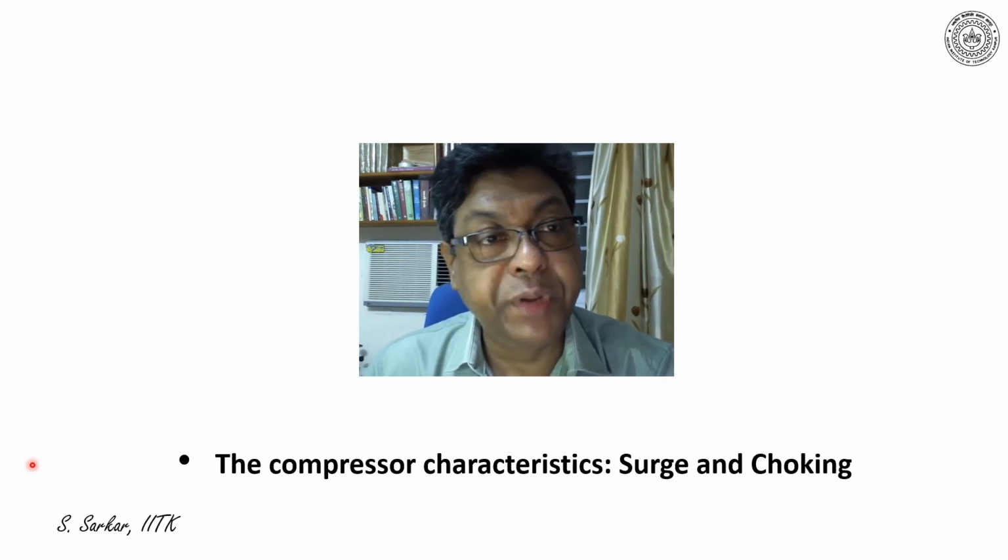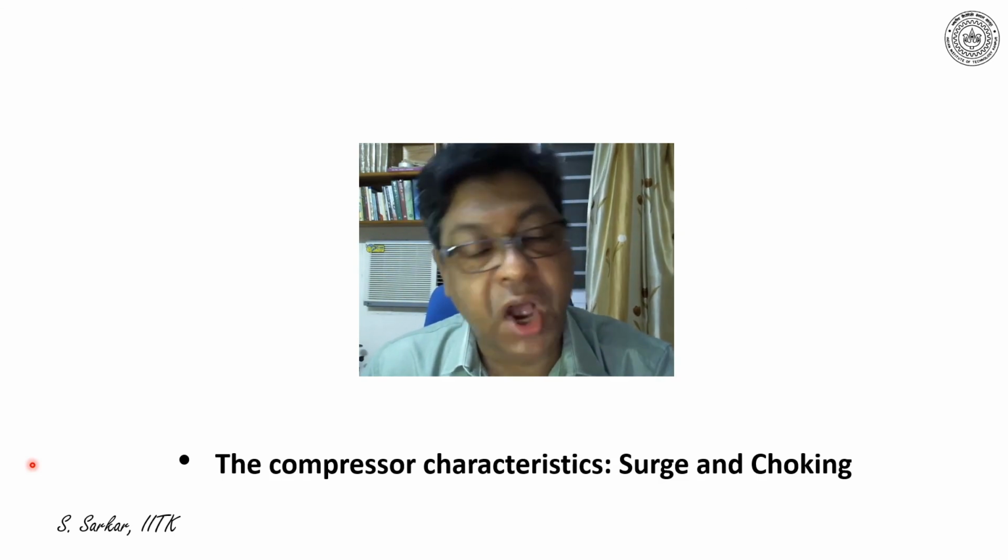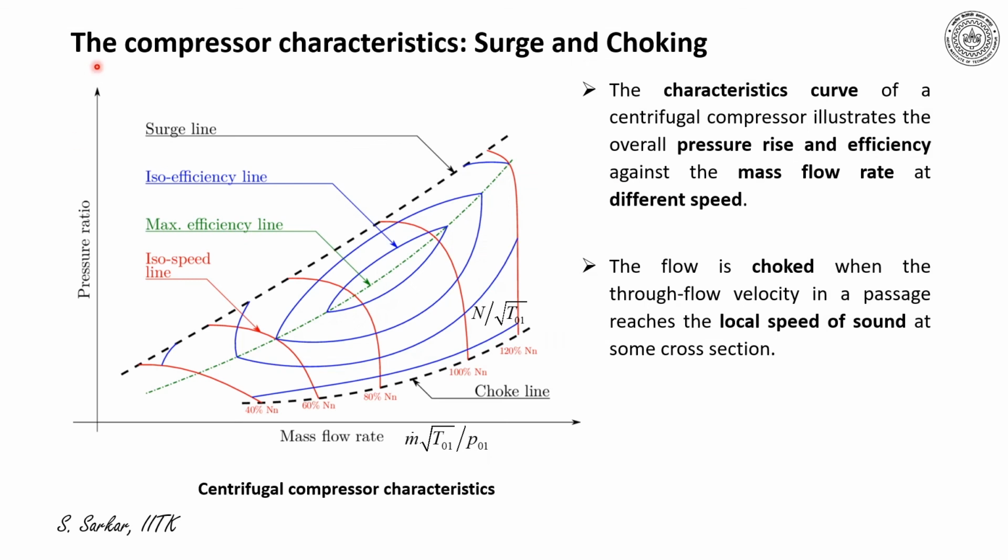I'll discuss another important section, that is compressor characteristics, surge and choking. The performance map of a centrifugal compressor has been presented here by this figure, where the overall pressure ratio against the change in non-dimensional mass flow rate, that is m dot root over T01 by P01, has been illustrated at different speeds. I have indicated here different red lines, which are the characteristics of the compressor at different speeds.